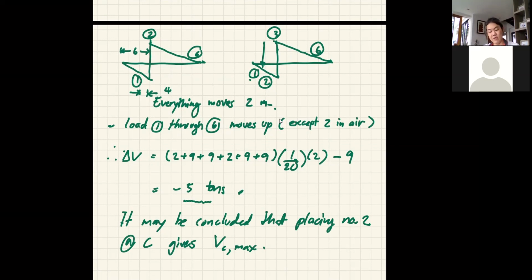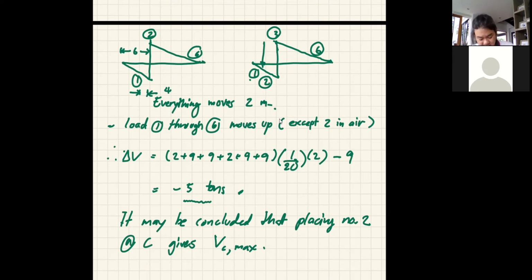Okay. But you may argue that should we keep doing this? But when you keep doing this, load number 1 will leave the beam, and then probably load number 2 as well. So you have less number of loads acting on the beam once you try to move load number 4 to replace load number 3, and so on.